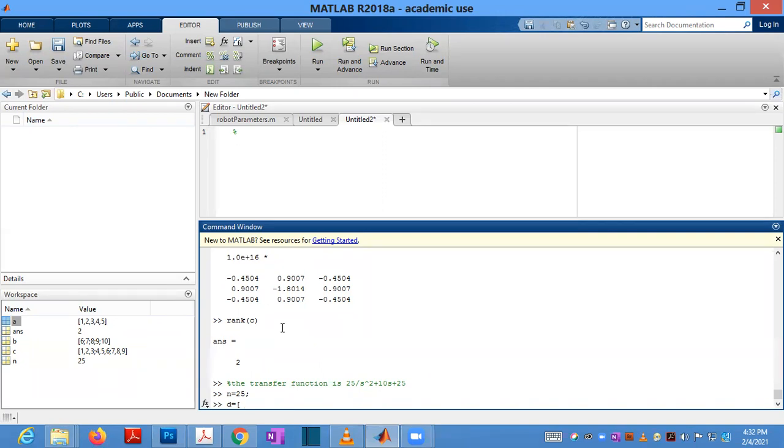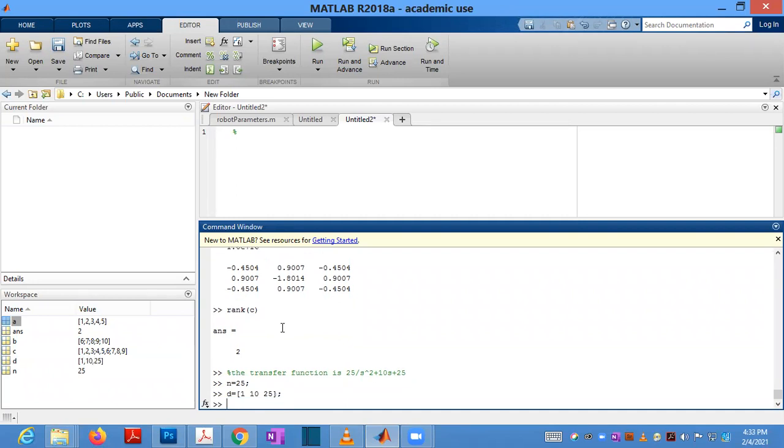Now s raised to 2 is there, s raised to 1 is there, s raised to 0 is there. So the coefficients are 1, 10 and 25. This d also you have to enter as a vector. So n is 25 and d is entered as the vector 1 space 10 space 25.